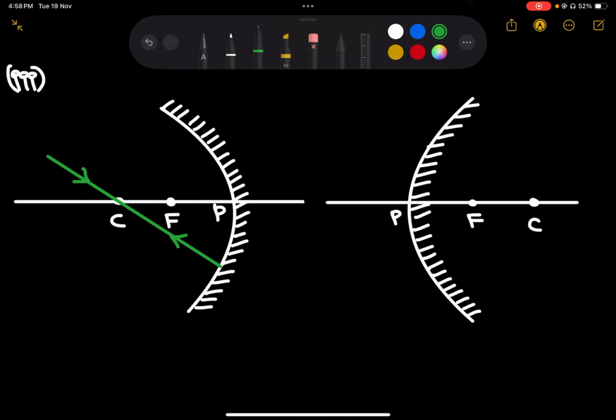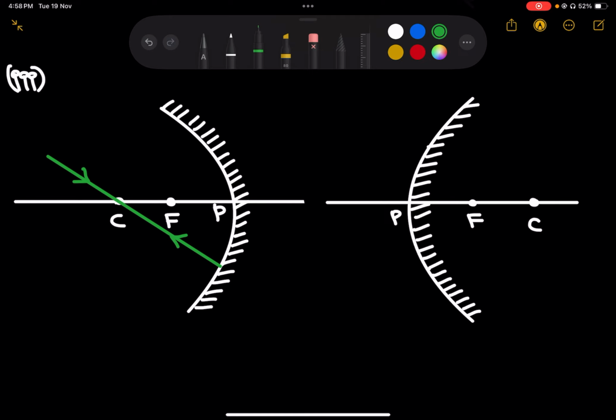Okay. The reason for this is that on this small piece of mirror, it almost acts as a straight line, a plane mirror, right? And if you draw the normal there, it will be along this line itself. Okay, so that is the reason why it traces its own path.